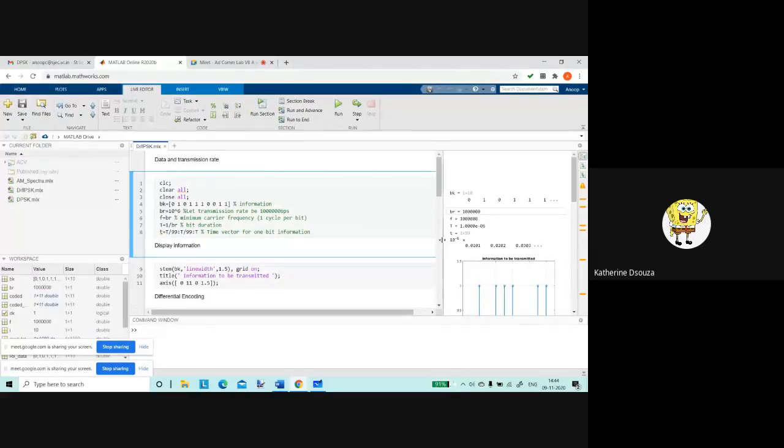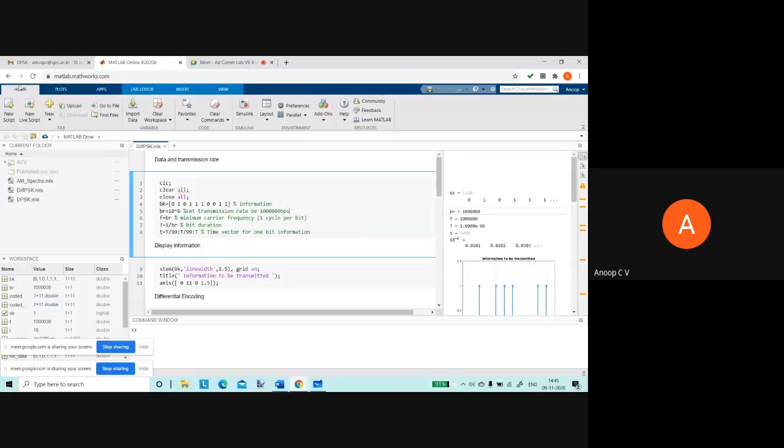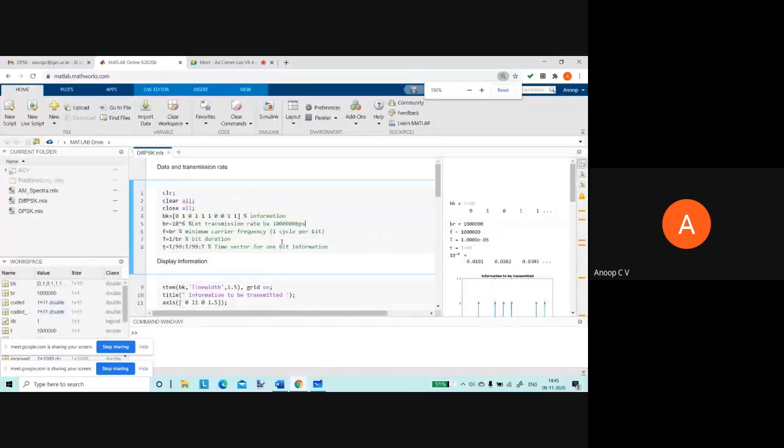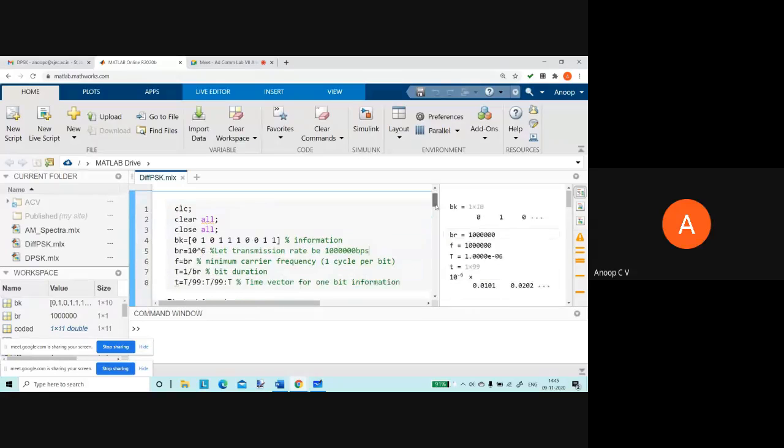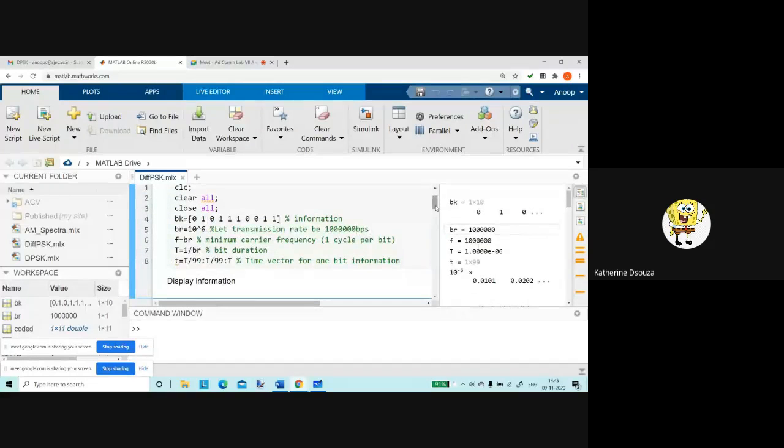Yeah, okay. Can you zoom, sir? Zoom, okay, fine. One second. How about this? Is this fine? Yes, it's clear, sir. Okay, fine.